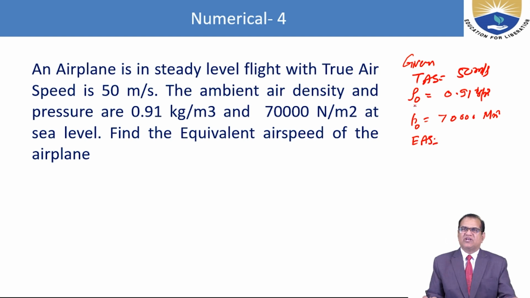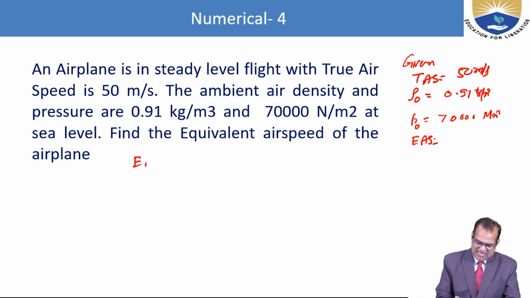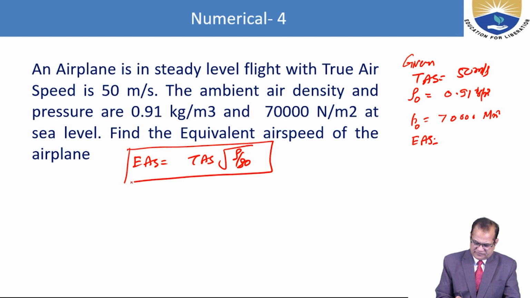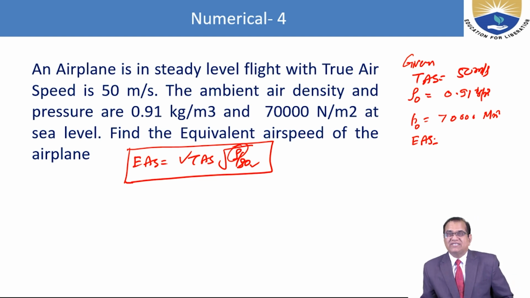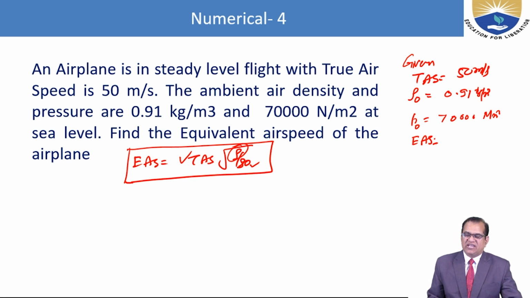Just before, we also discussed that EAS is equal to TAS times square root of rho by rho naught. This is our known equation. Here true airspeed is given, density rho is given, sea level density is known.